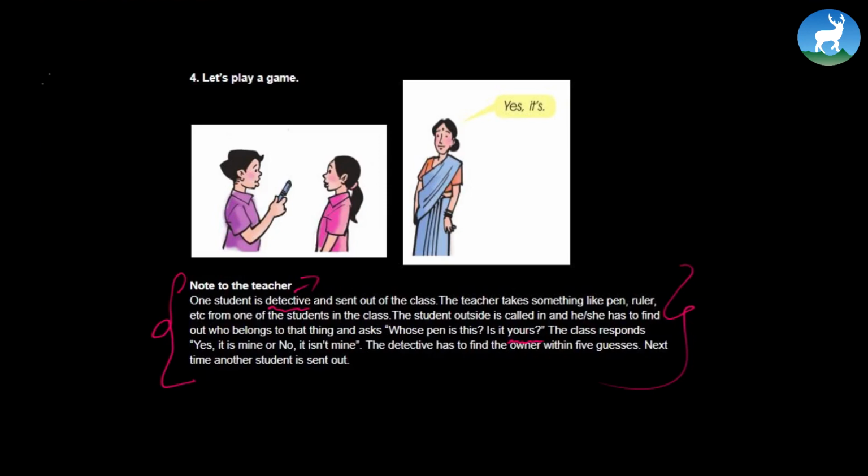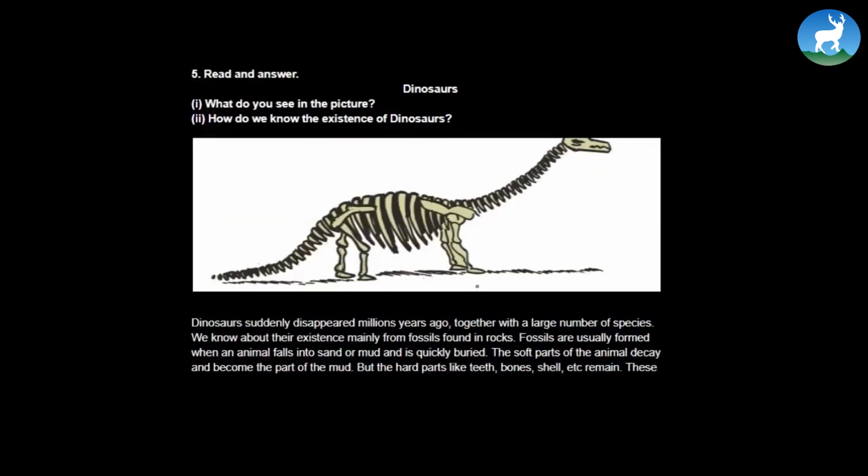Okay, so let's move further. Remember there was a question about dinosaurs earlier. Now let's read out how the dinosaurs disappeared. Yes, there are many assumptions about how they disappeared.